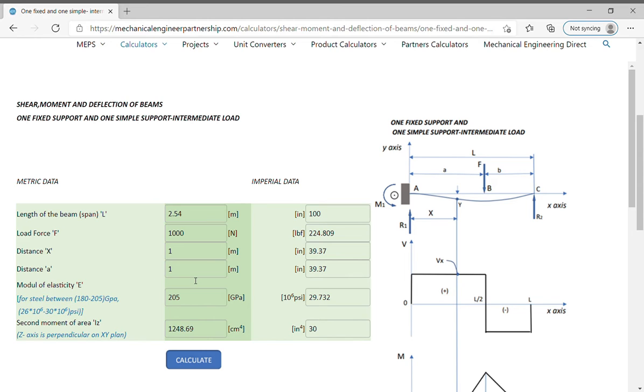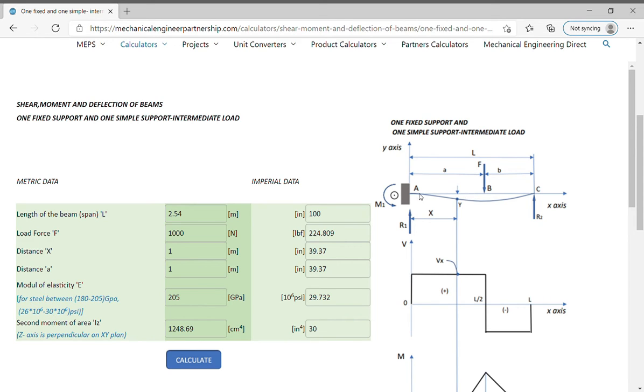In this calculation we have the xy plane as in the figure, and the z-axis perpendicular to the xy plane. Modulus of elasticity E in gigapascals or psi, and the second moment of area in this case is in centimeters to the fourth power or inches to the fourth power.